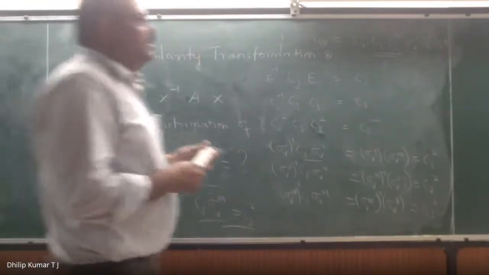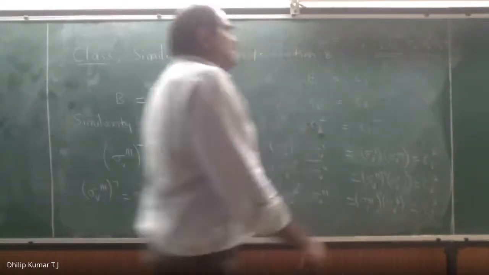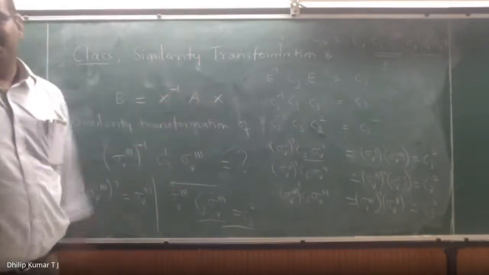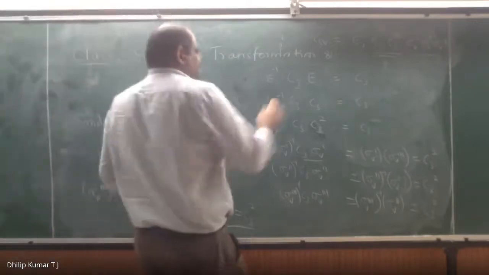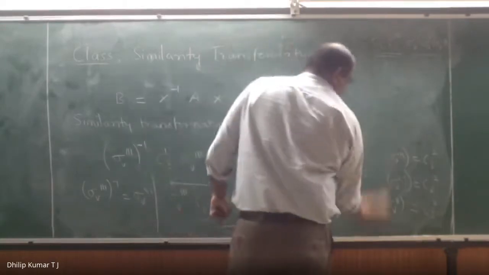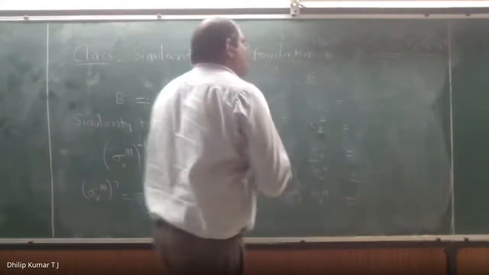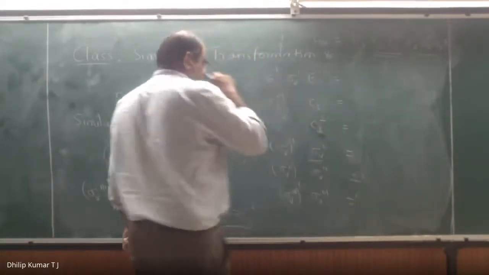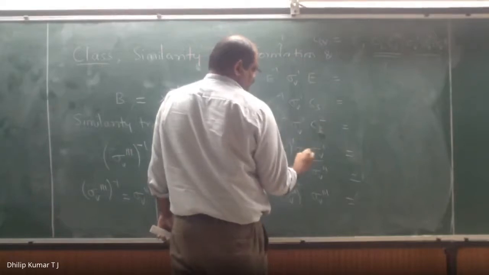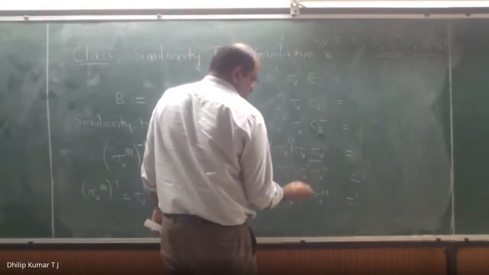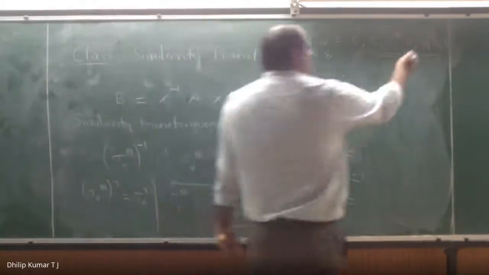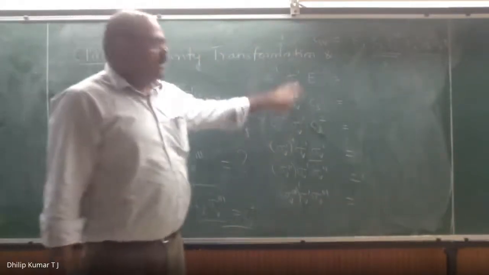Now, if you find the similarity transformation of a sigma V plane with all the elements, say I just take sigma V prime, what will you get?